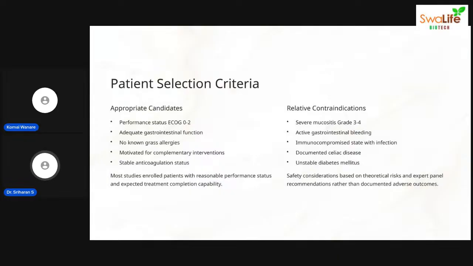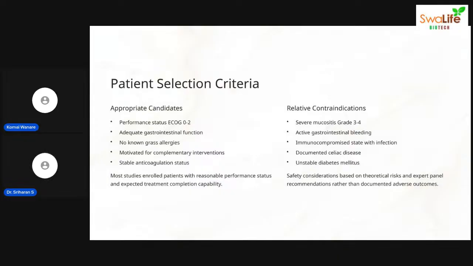Based on the score we select patients, and they should have adequate GI function. Why? Because wheatgrass has a rapid, high absorption rate, so if the patient has inadequate GI function, it will affect the patient's functions. Another criterion is no history of allergy to grass; if a patient has a grass allergy, they should not take it, so we avoid that.